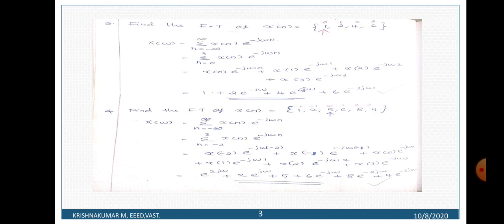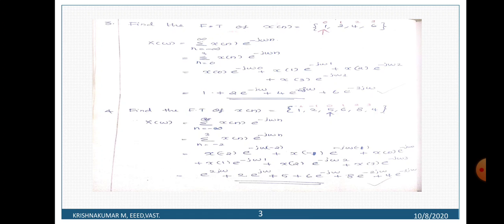Sigma n is equal to 0 to 3 x of n e raised to minus j omega n is equal to x of 0 e raised to minus j omega 0 plus x of 1 e raised to minus j omega 1 plus x of 2 e raised to minus j omega 2 plus x of 3 e raised to minus j omega 3.